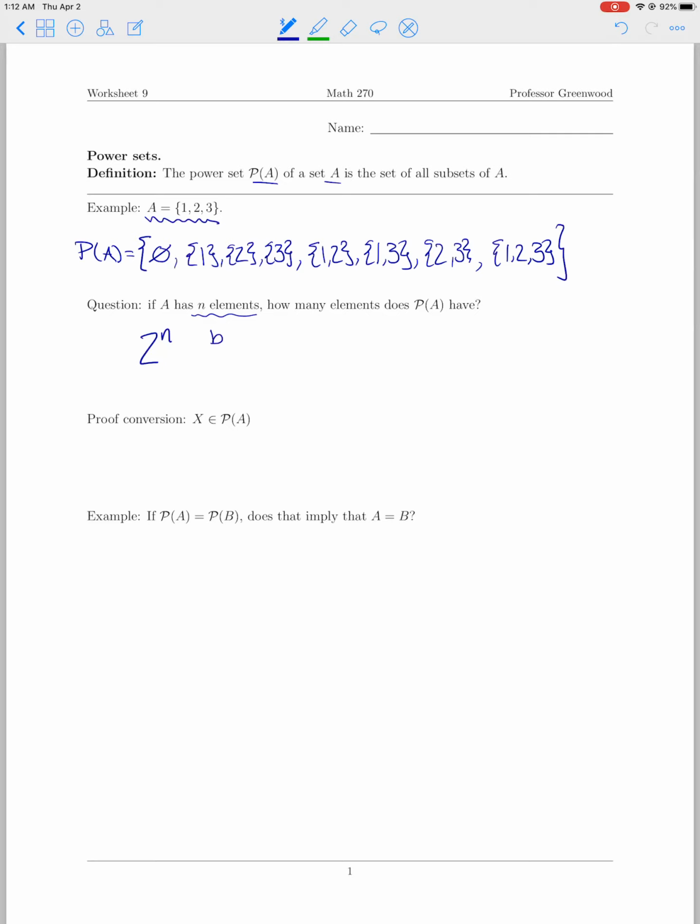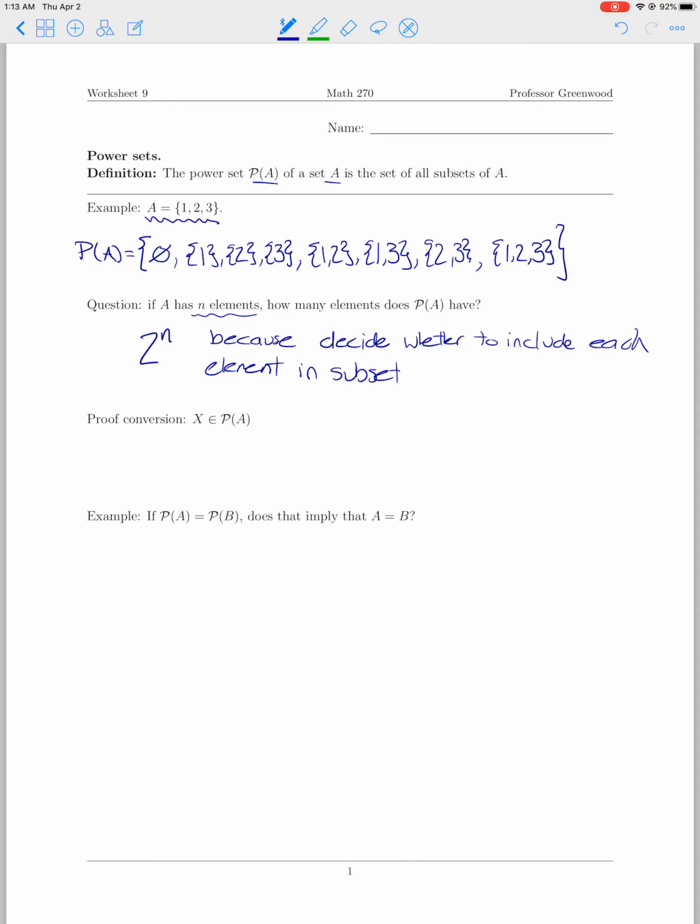That's because you can decide whether or not to include each element of A in the subset. So we have 2 choices for each element in A, and we get 2 times 2 times 2 times 2 up through n different times, and that gives me the 2 to the n.